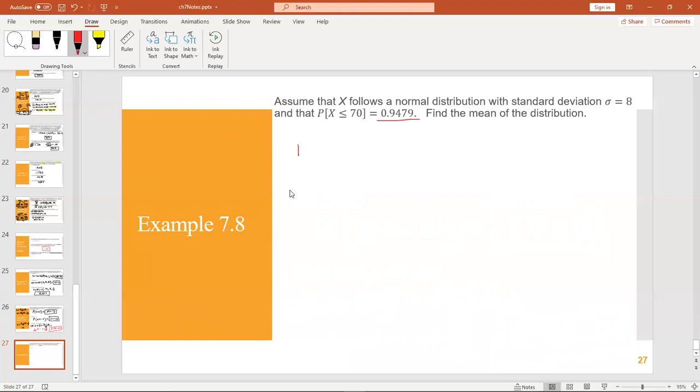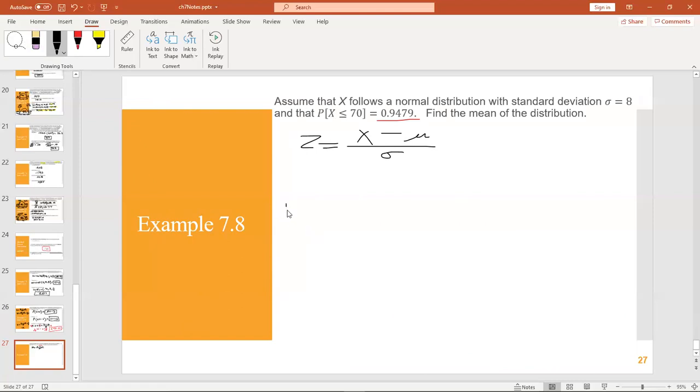So a good starting point, we've got z equals x minus mu all over sigma.